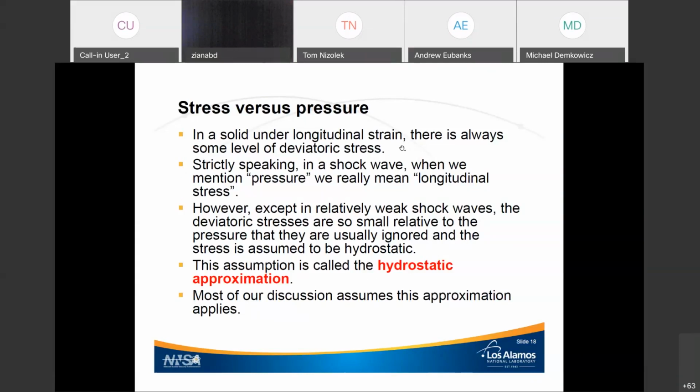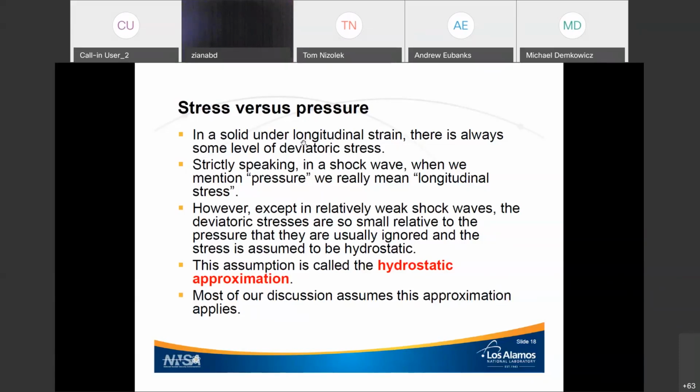So the lateral components of stress, if we're using the one direction as the direction the shock wave is traveling, there's a 2-2 component and a 3-3 component of stress that are not necessarily equal to the 1-1 component of stress, going back to last week's lecture.